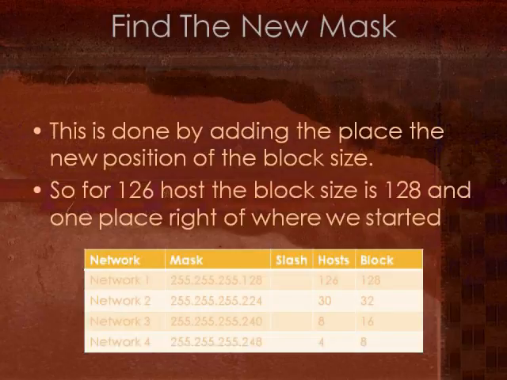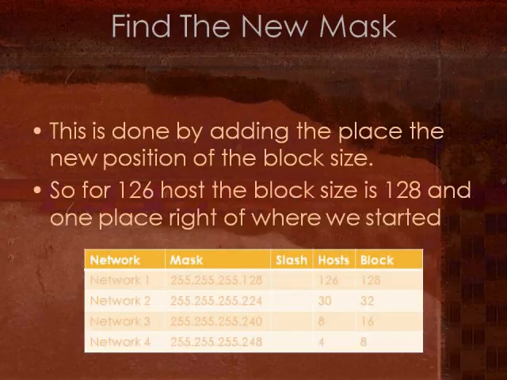Okay, so the new subnet mask is the new network address of the IP address you currently have, or will get. The first new subnet mask is 255.255.255.128. That represents that the first 25 bits of the IP address will be the network address. You get that by looking at where your block size is and adding the values up to that point.